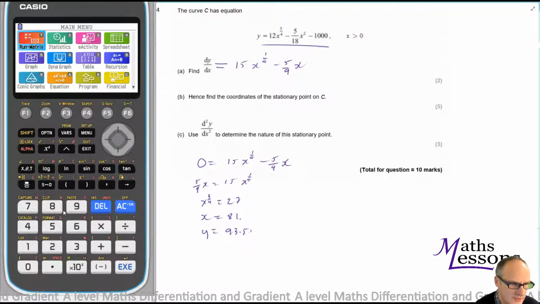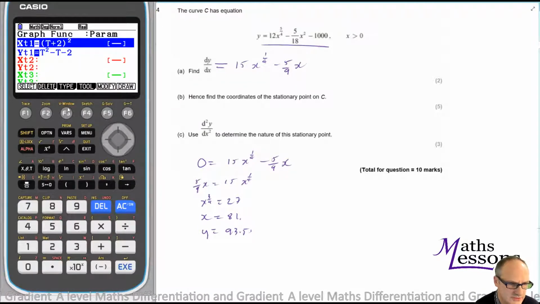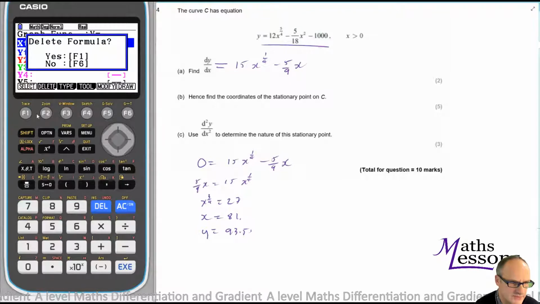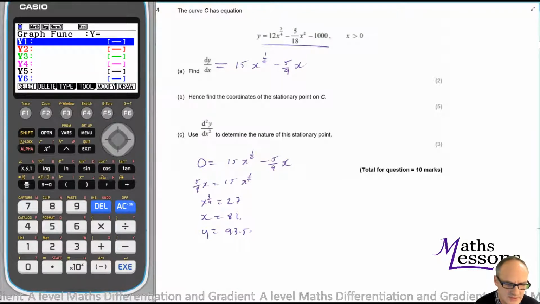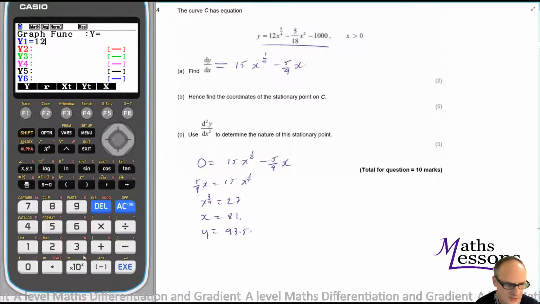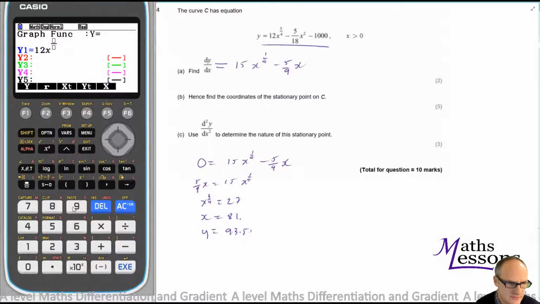Now, let's just have a quick look at what happens on our calculator, to make sure you are fully aware of all the things you can do on this. First of all, I need to go back and change the type of calculator. I'm just going to delete this one actually first. Okay, so we're going to type in the original equation, so 12, x to the power, and we want a fraction, 5 over 4, and then we're going to go minus fraction 5 over 18.